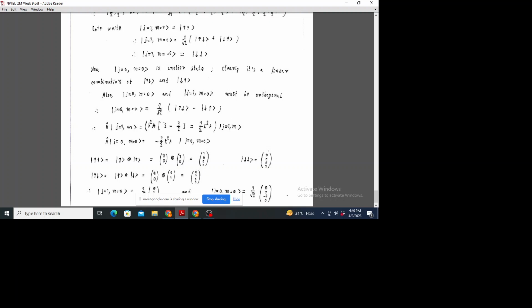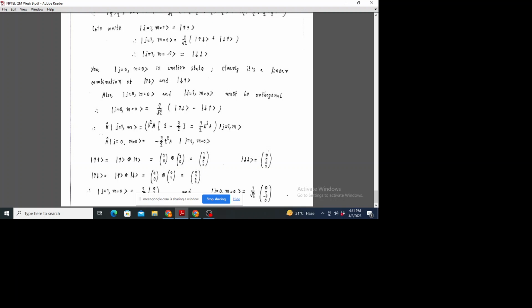Then for spin half you have ac square equal to half into half plus 1, so that is 3 by 4, and similarly for positron. Combining those two you get a 3 by 2 here, and thus your final energy level for this J equal to 1, m state is half h cut square a.